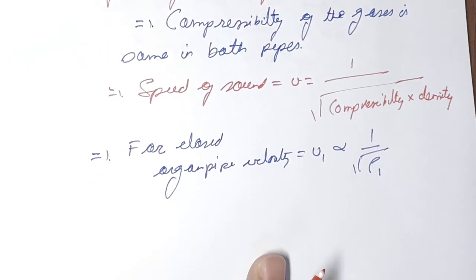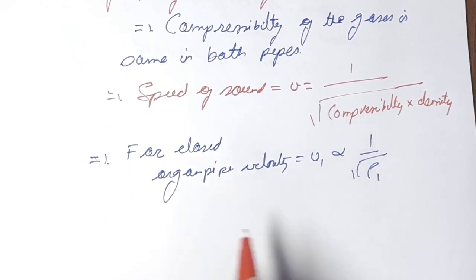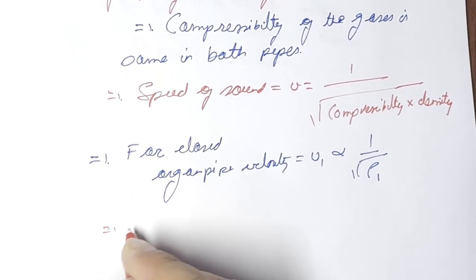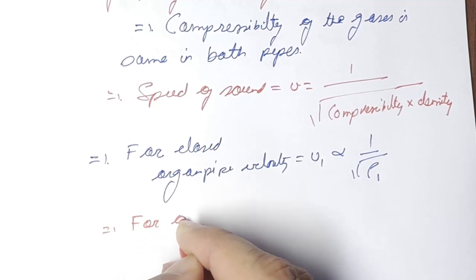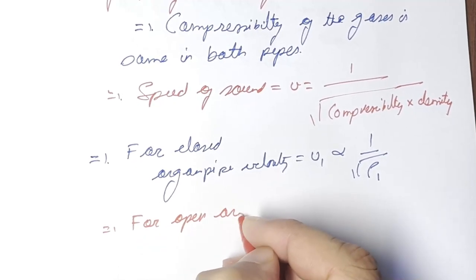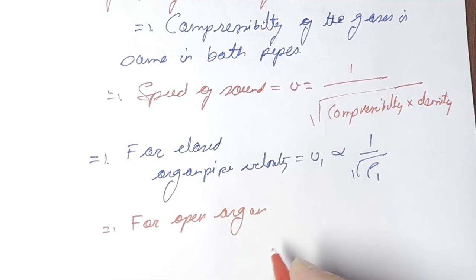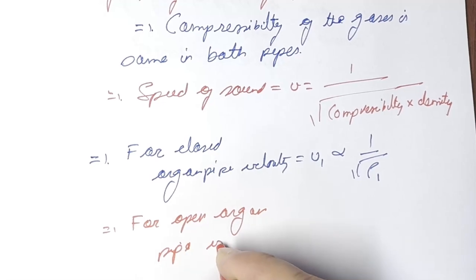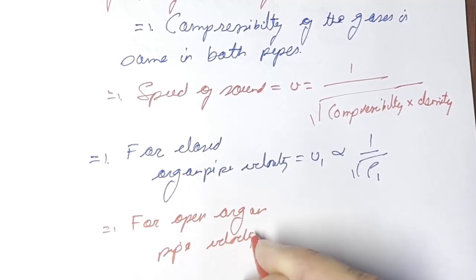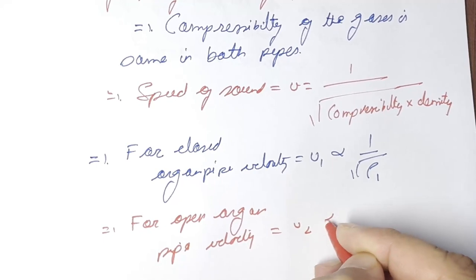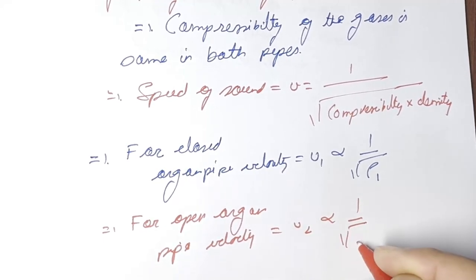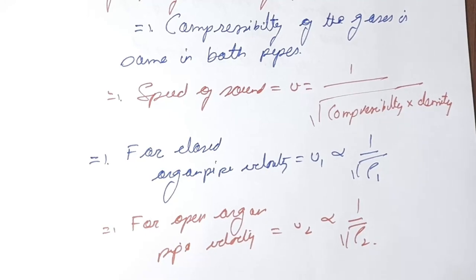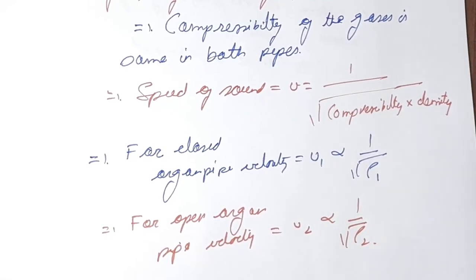And for the open organ pipe, velocity is V2, which is directly proportional to 1 upon square root of ρ2, because compressibility is same.